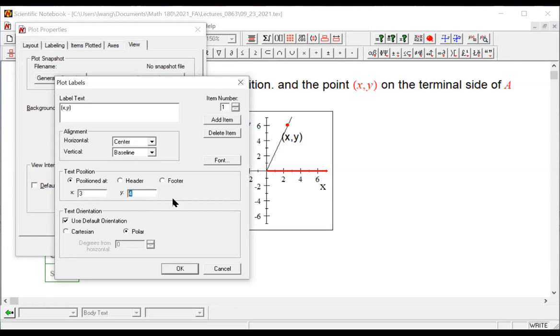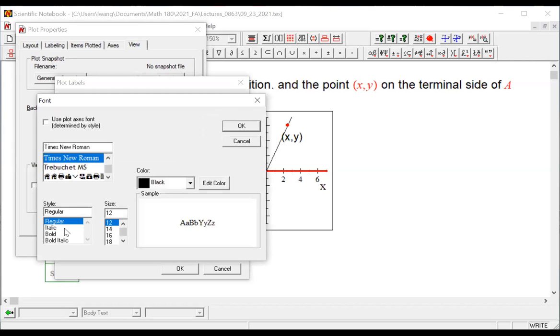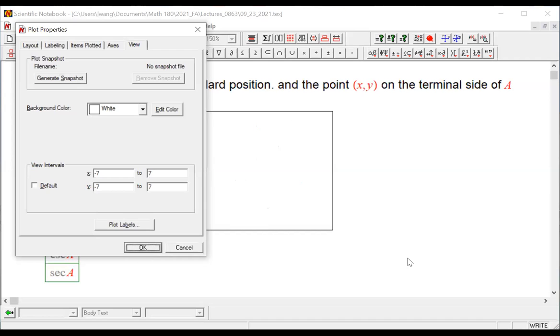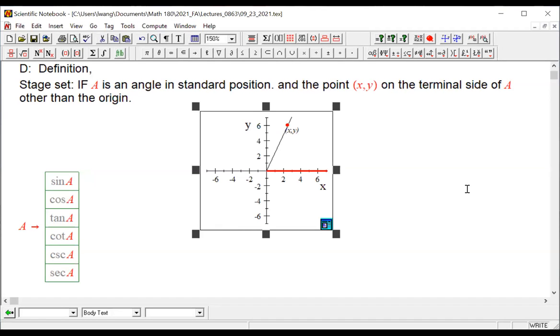I make it 5 and adjust the fonts. That's something I have to worry about; you don't need to. So that's the point, (x, y). Nicer looking, right?